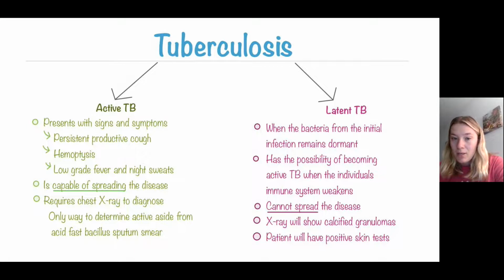It's going to remain dormant. And usually it exacerbates when the individual is under stress, specifically when the immune system weakens. Why? Because we know the stress response in the body is going to put us at risk for infection. On an X-ray, you'll actually see small calcified granulomas that kind of look like coin-like lesions, etc.